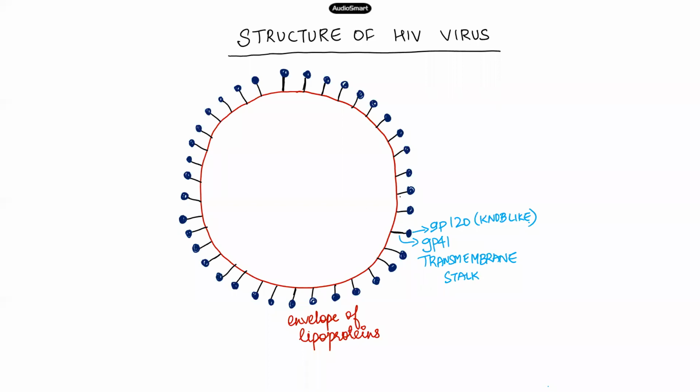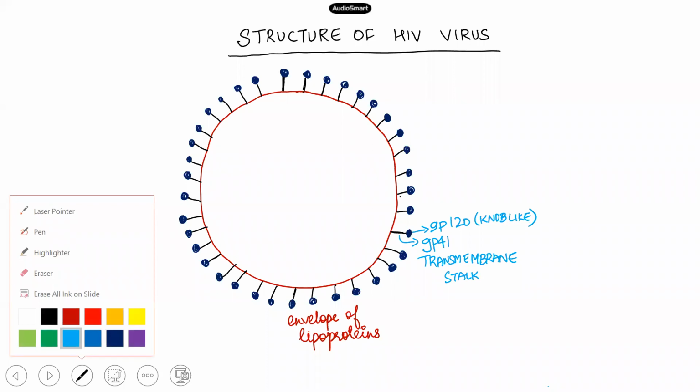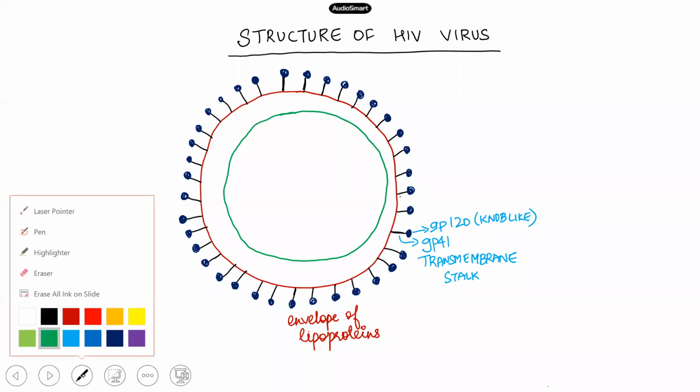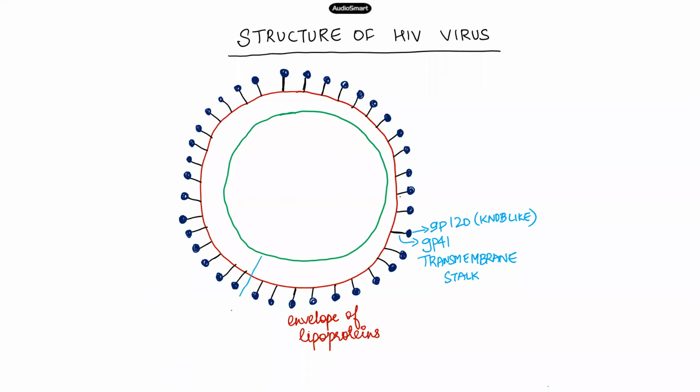Now, moving on, after this we have a layer of capsid, which is also a layer of proteins, and we are going to draw it in green. This is similar to the other viruses that we have studied, and this is referred to as the capsid.